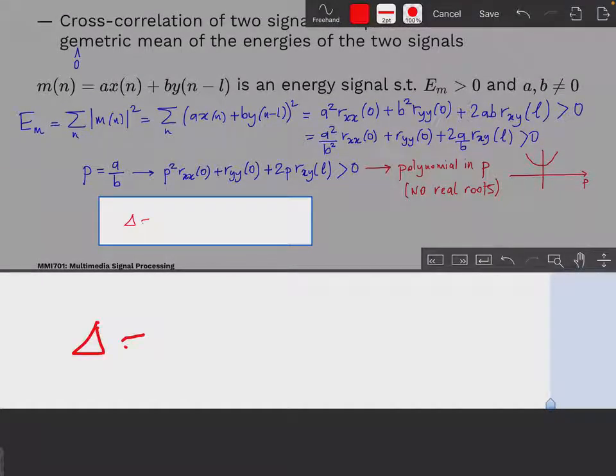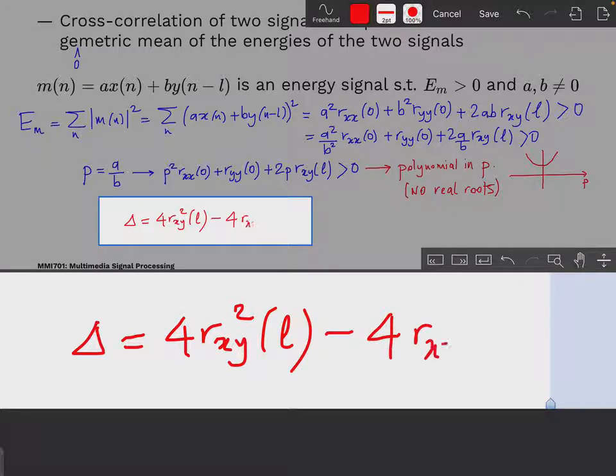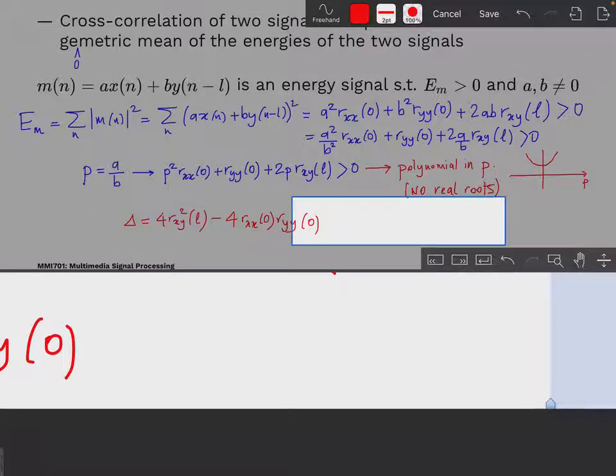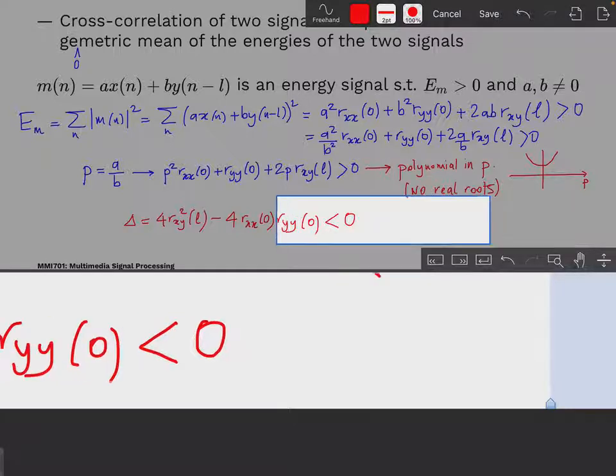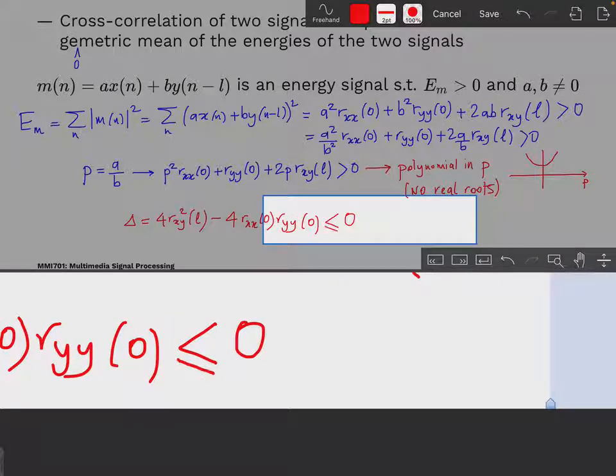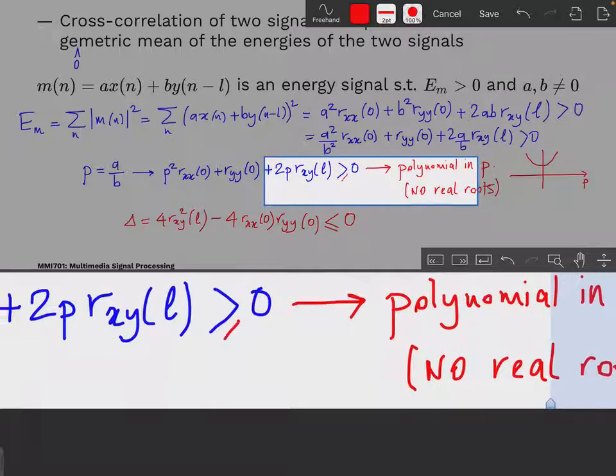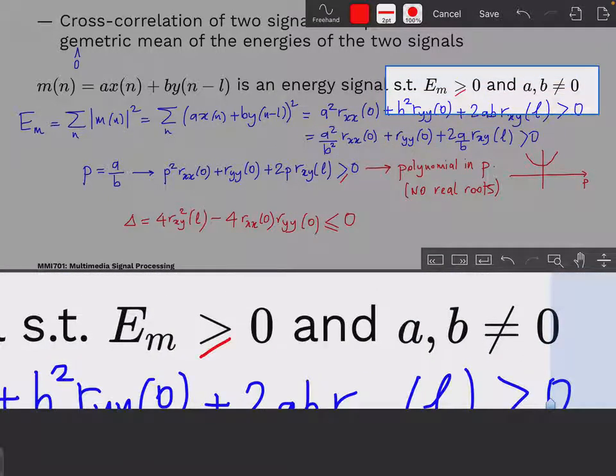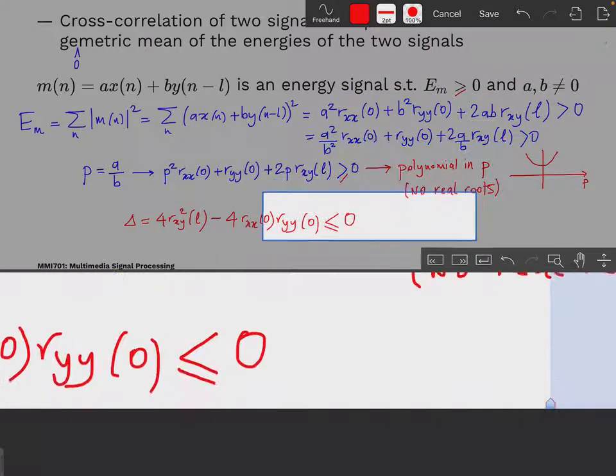So delta equals 4rxy squared L minus 4rxx0 ryy0. That should be less than 0. Well, in fact, it's going to be less than or equal to 0. When it's equal to 0, we're going to have a double root, etc. And we can have the same sort of reasoning in here if we allow changing these to include equality as well.